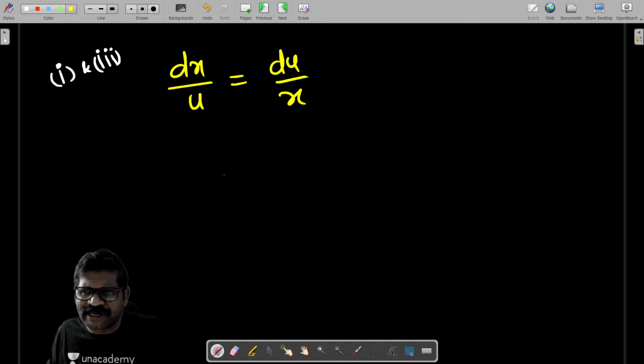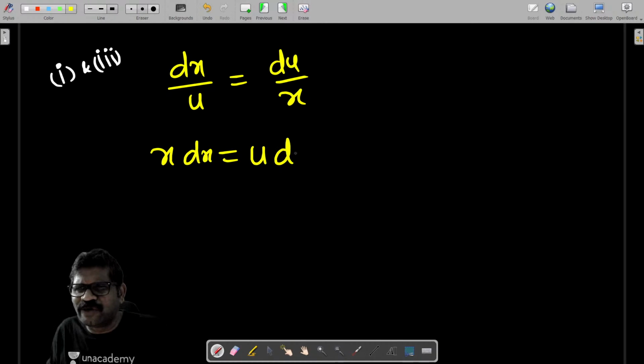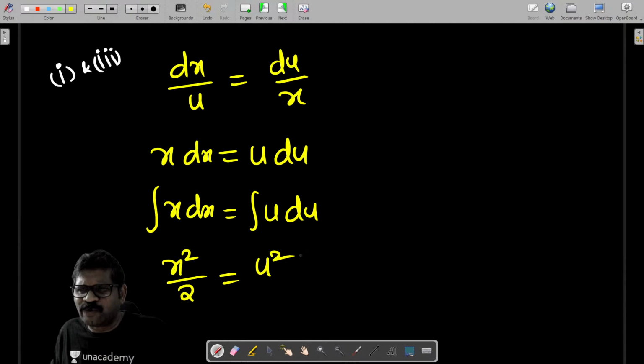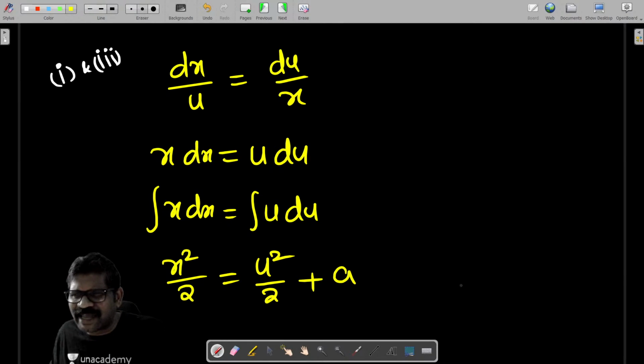Take cross multiplication, x dx equal to u du. Take integration on both sides. Integral x dx equal to integral u du. From this we can write x square by 2 equal to u square by 2 plus some constant a.